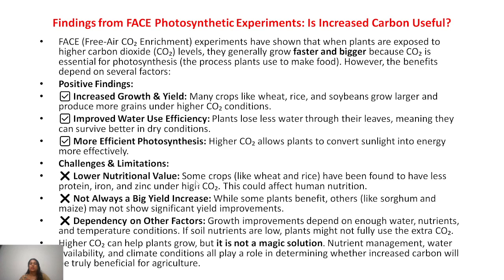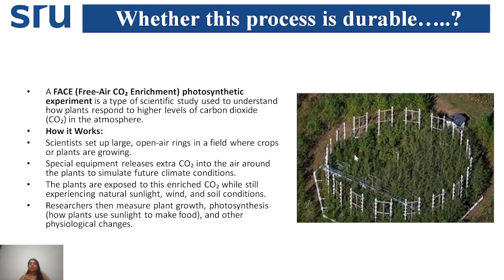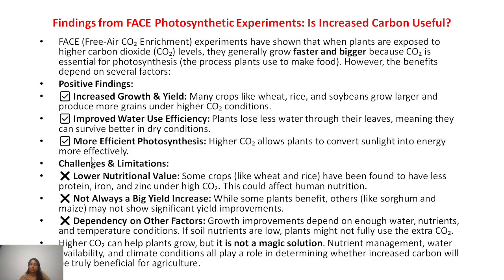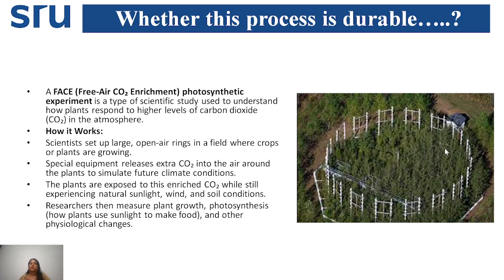By these results, they find out the increase in growth and yield, improved water use efficiency, and efficiency of photosynthesis. They found that increasing carbon dioxide is highly beneficial to C3, not much for C4, and we can avoid photorespiration just by increasing the carbon dioxide concentration.